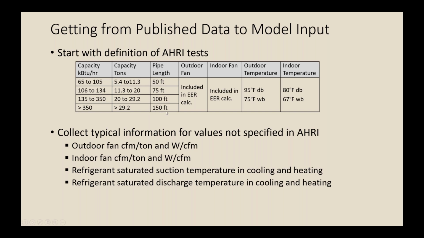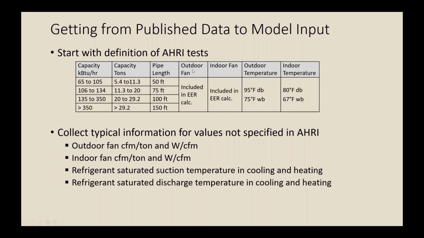One significant thing is that the pipe length specified to be used in the test is quite a bit different for very large units and very small units. That's an important thing, and you'll see that effect when you look at all of the AHRI data on a chart, which we'll look at in a minute.